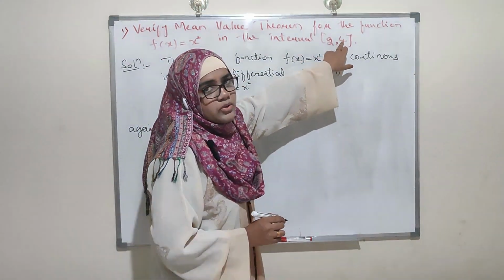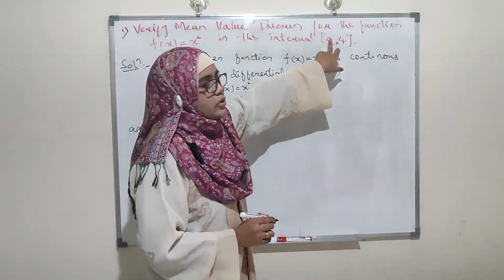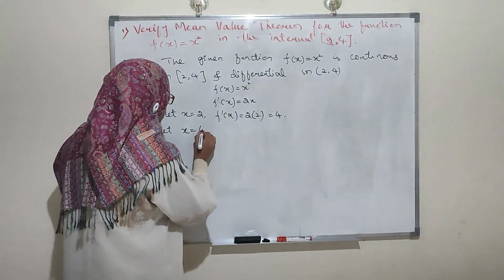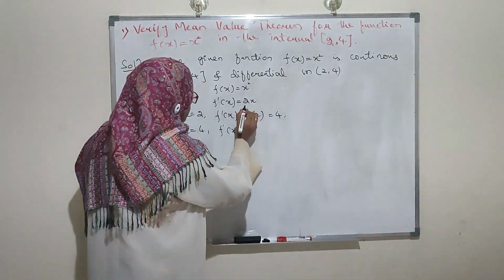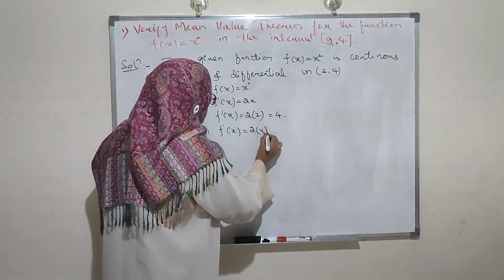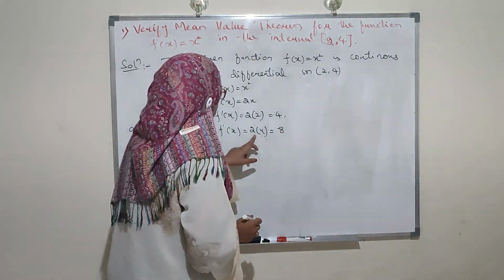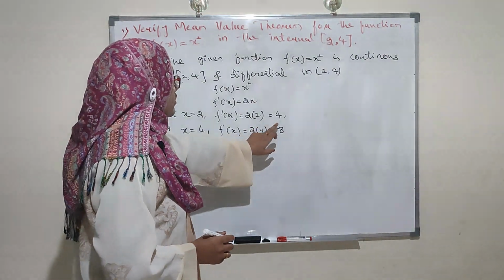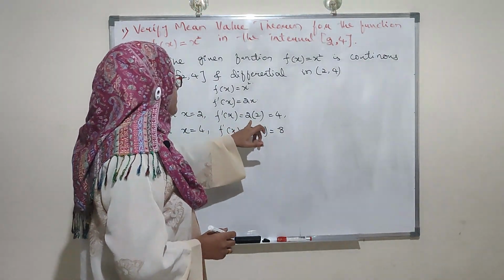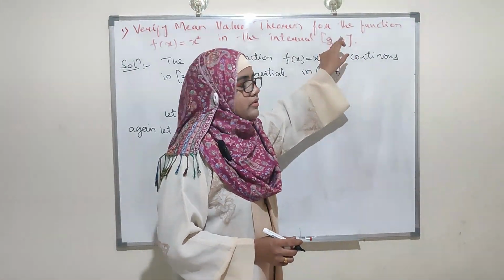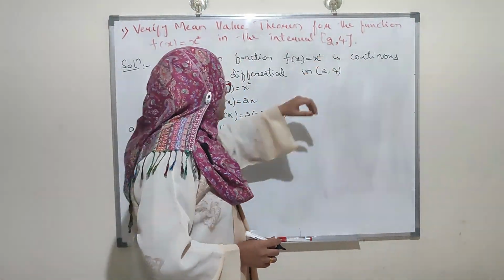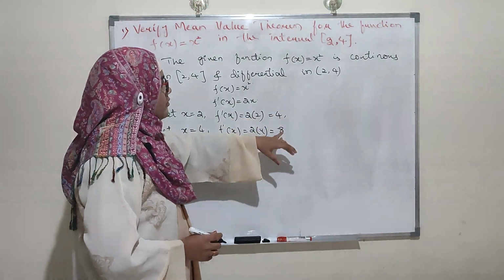This one is A and this one is B. First point we have taken 2 and now the second point 4. Then we get f dash of x as 8. So we got f dash of x by putting the values of A and B of the given interval 2, 4, and the values are 4 and 8.